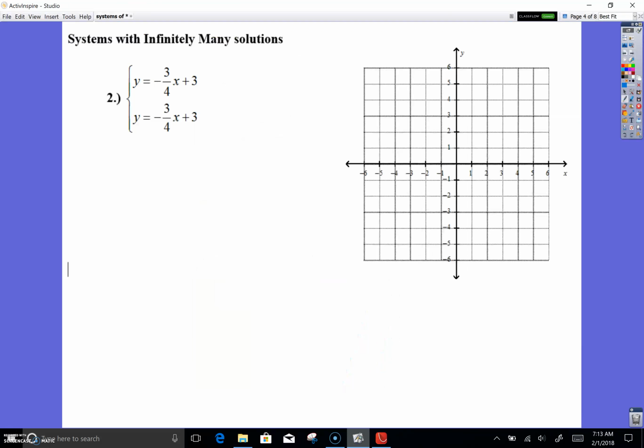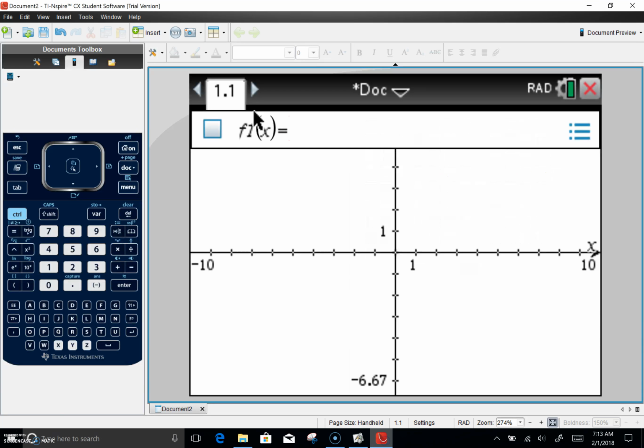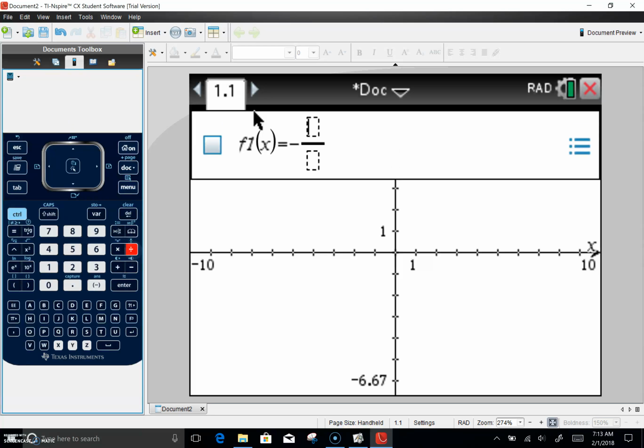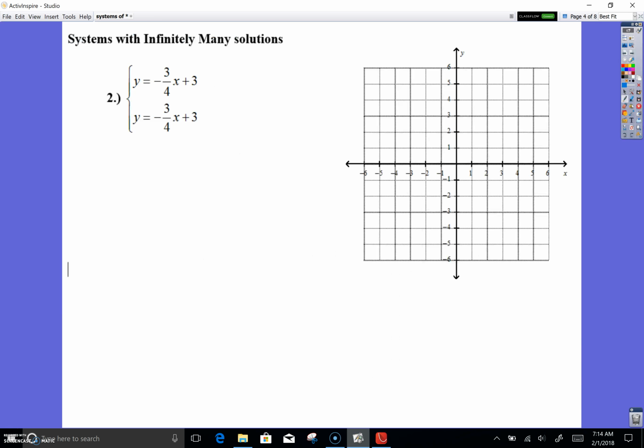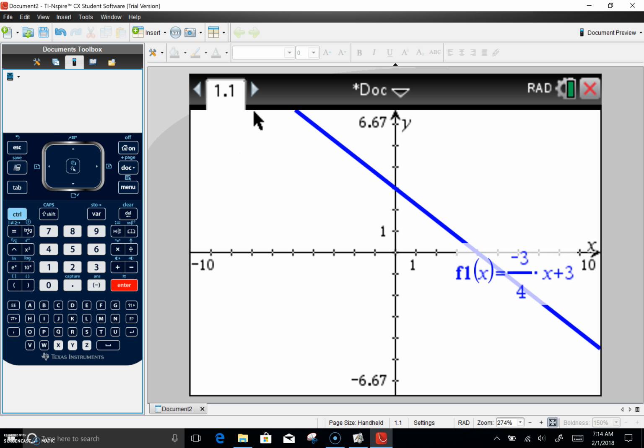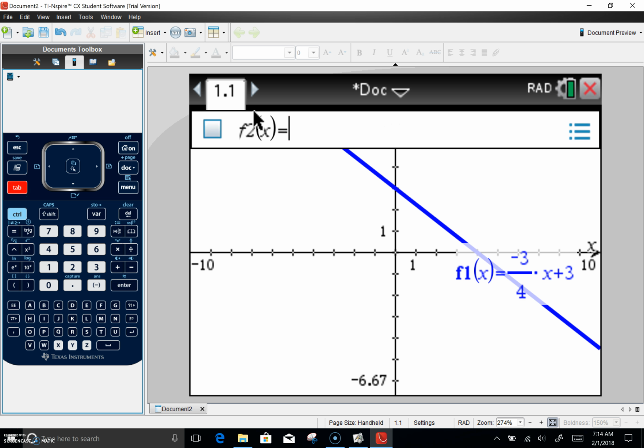Negative, control divide, 3 over 4, x plus 3, enter. You see my first line in blue.